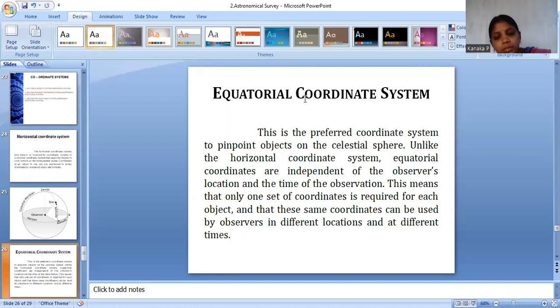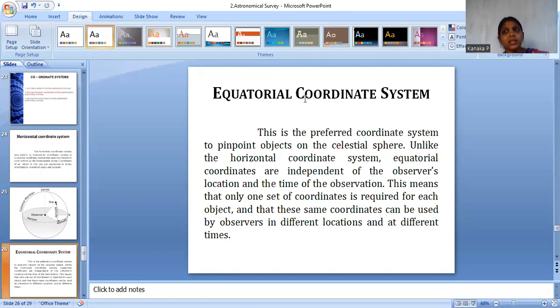If the sum of any two angles is equal to 2 right angles, or pi, then the sum of the sides opposite them is equal to pi. The smaller angle is opposite the smaller side, and vice versa. These are the properties of spherical trigonometry.